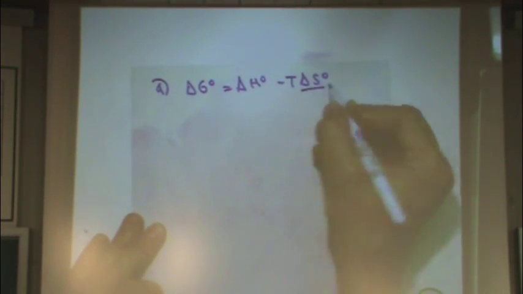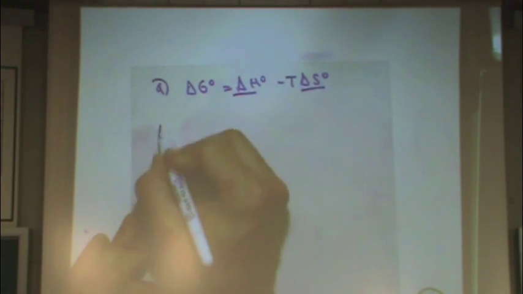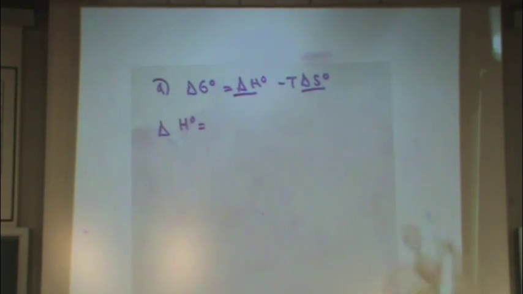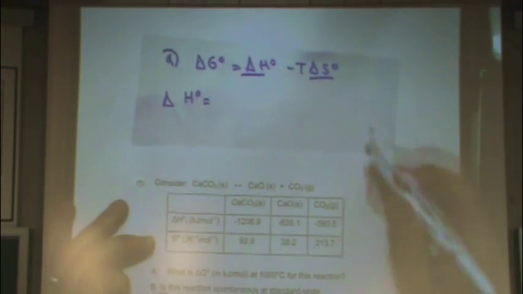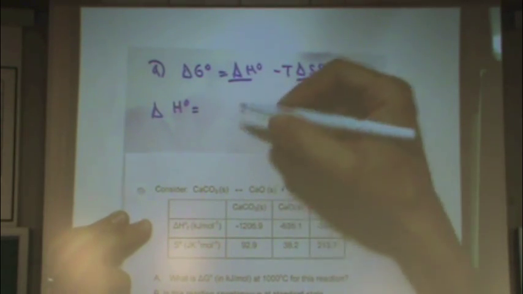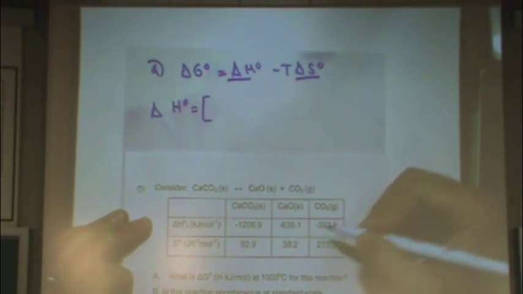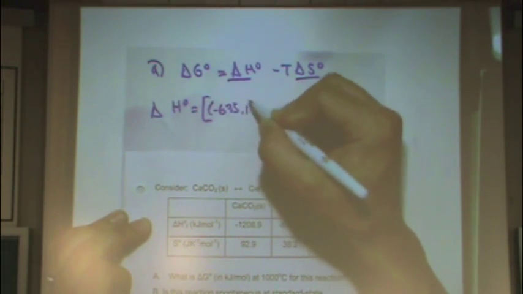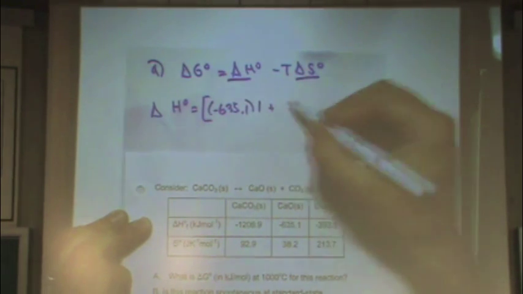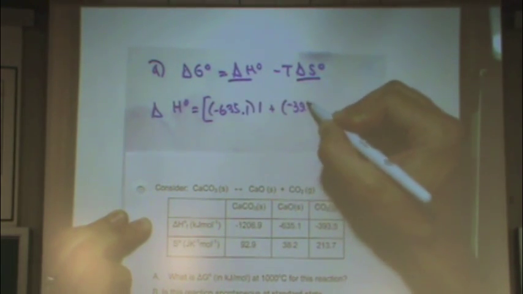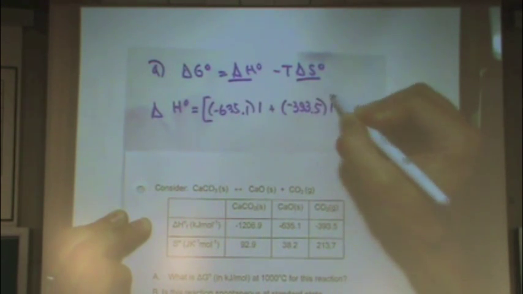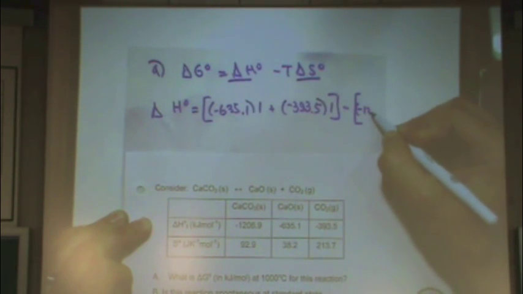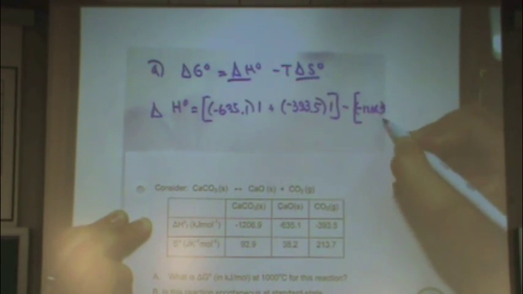So you can find delta S and delta H, you can find delta G. Delta H standard is products minus reactants, because we give you the formation values here. So open brackets, products: negative 635.1, there's one of those, plus negative 393.5, and there's one of those, minus the reactants, minus 1206.9, and there's one of those.